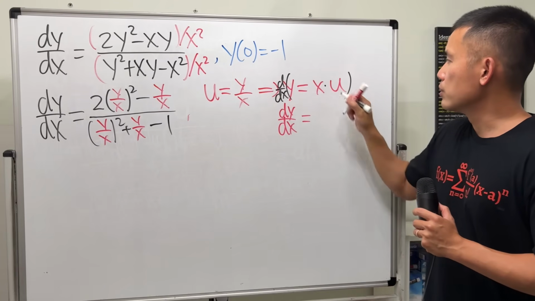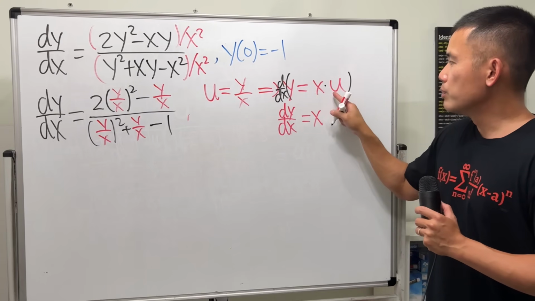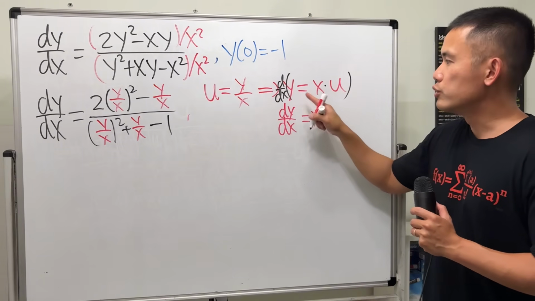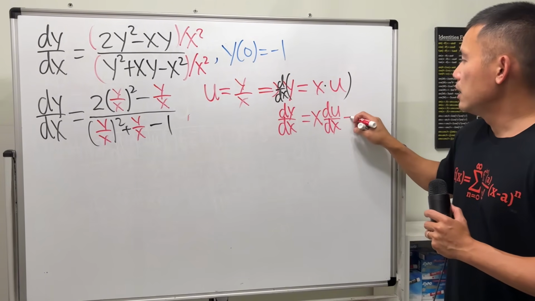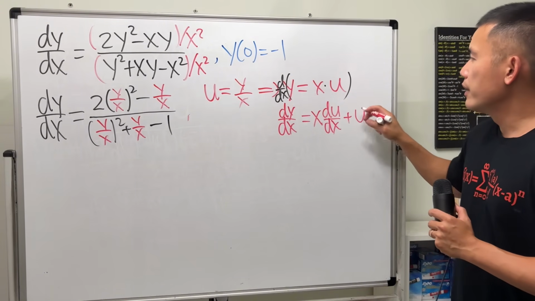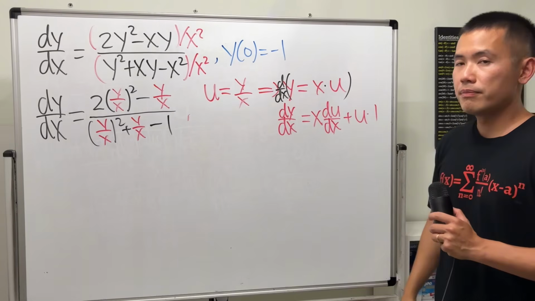We need the product rule. I will keep the first function, which is x, and then we multiply by the derivative of u with respect to x, which is du dx. And we add the second function, u, and we multiply by the derivative of x with respect to x, which is just equal to 1.